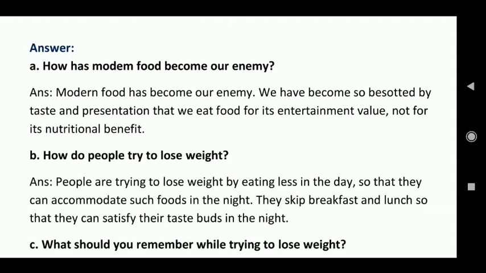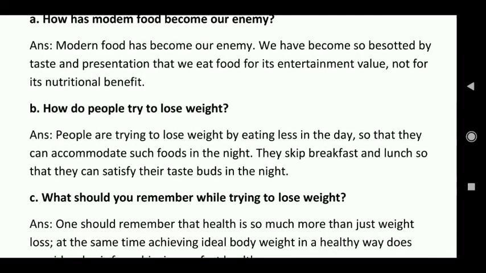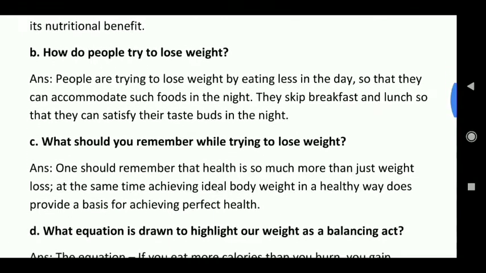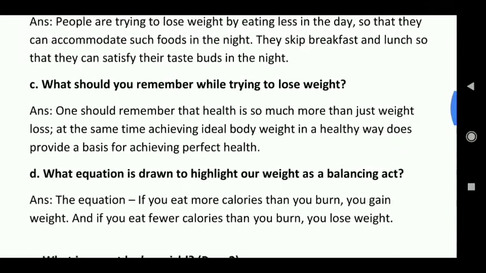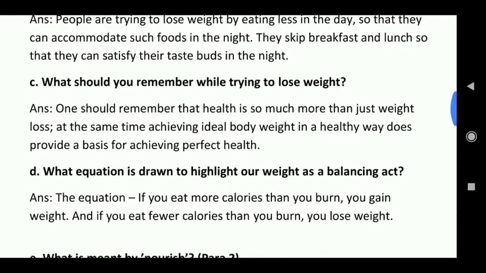Okay, I hope you have written the second question's answer also. Then let's come to the third one and fourth one.